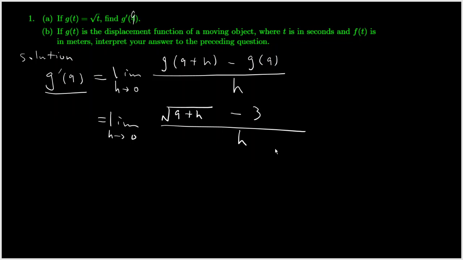Now actually I'm trying to combine two things into one: the definition of the derivative and how to evaluate limits. Okay. In general, if you see a radical, in particular a square root, in the limit, what we do is rationalize the numerator. I want to repeat, we rationalize the numerator.